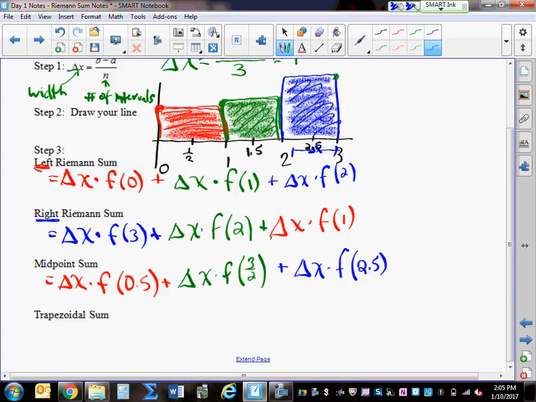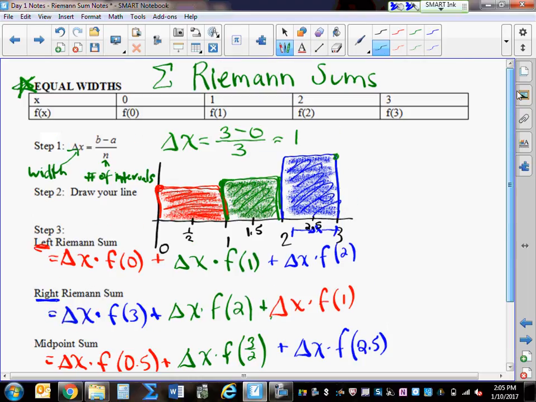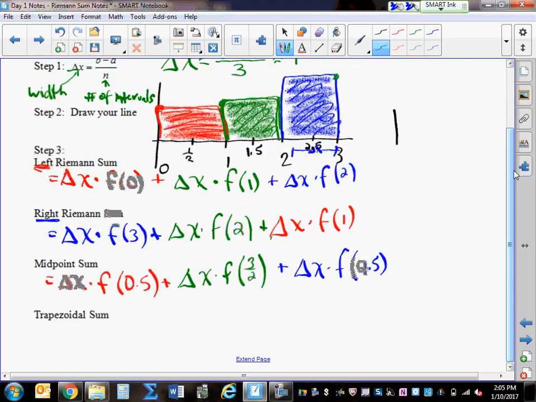Alright, so now our trapezoidal sum. If you do not remember your area formula for a trapezoid, make sure you write this somewhere within your notes. For a trapezoid, we're going to be looking at a trapezoid that looks like this, using the x-axis as our base, and the sides of the rectangles are sides of the trapezoid. So these are our bases, and the height is actually the distance between your two bases.